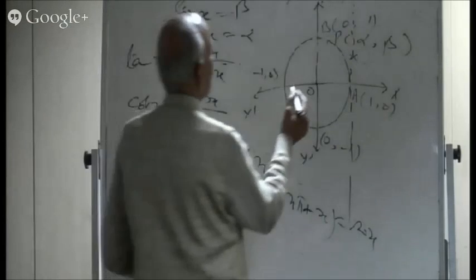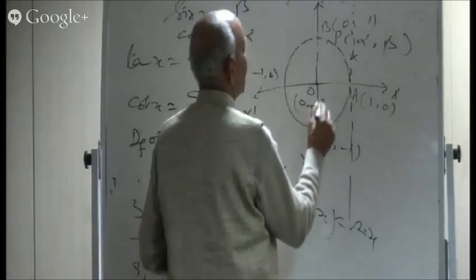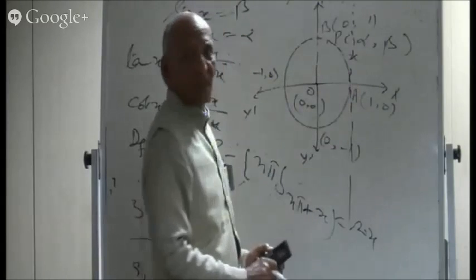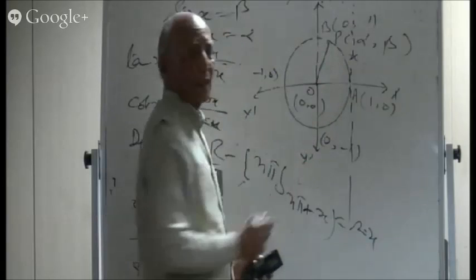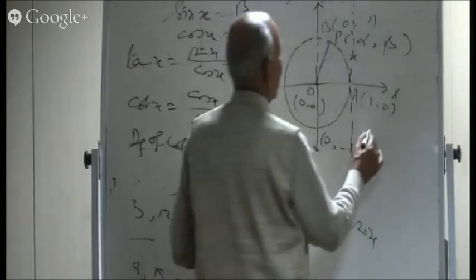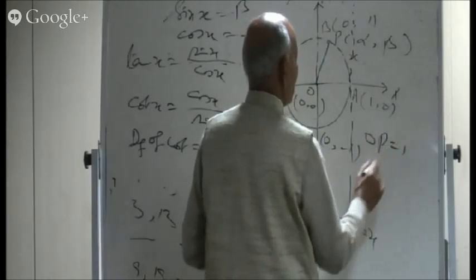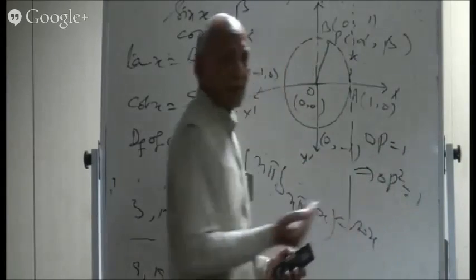And then what about the coordinates of this point? 0, 0. Am I right? And you know the coordinates of this point, alpha, beta. What is this distance OP? 1 unit. You have agreed that this distance is equal to 1 unit. Or can I say OP square is equal to 1? 1 square is 1.